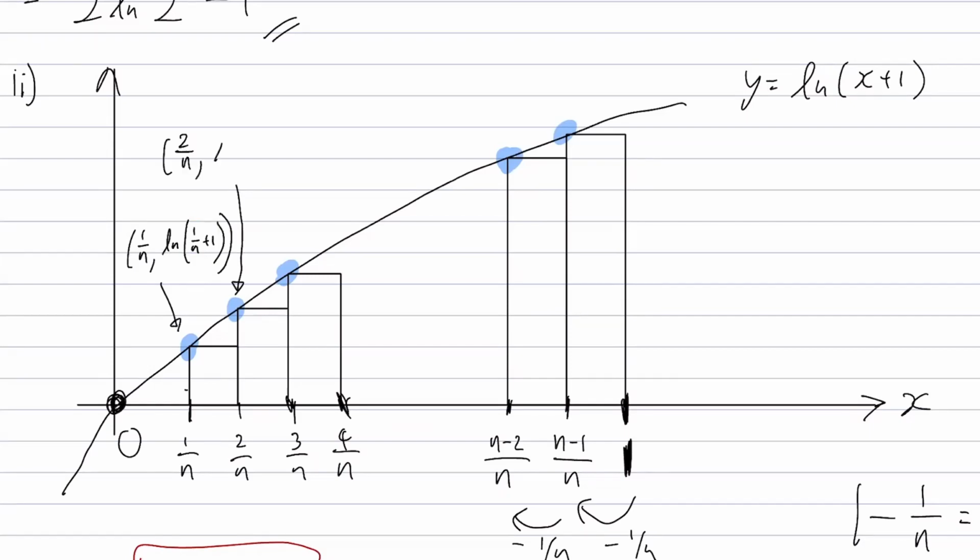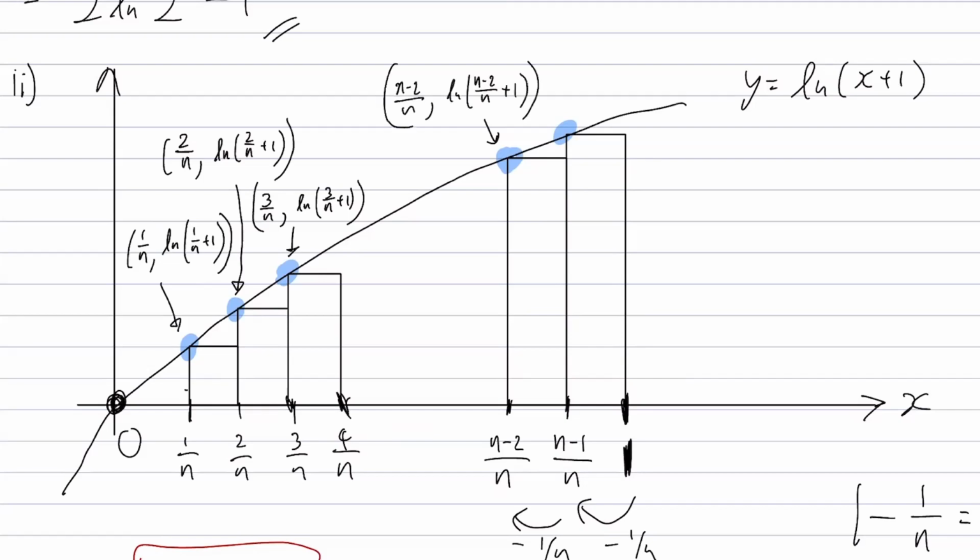2 over n, comma, ln of 2 over n plus 1. Next one, 3 over n, comma, ln of 3 over n plus 1. The second last one will be n minus 2 over n, comma, ln of n minus 2 over n plus 1.